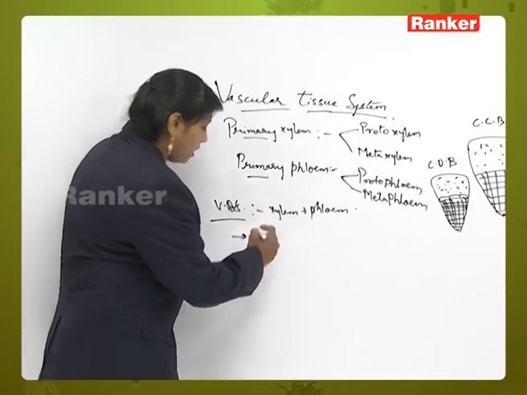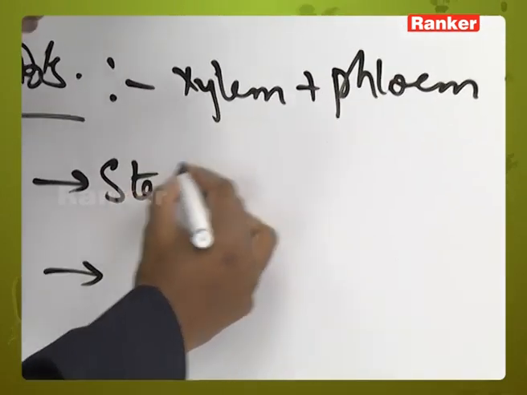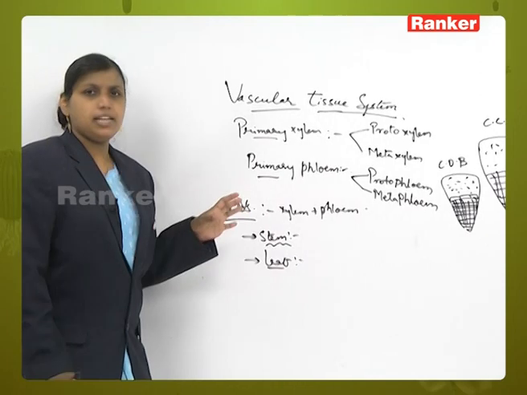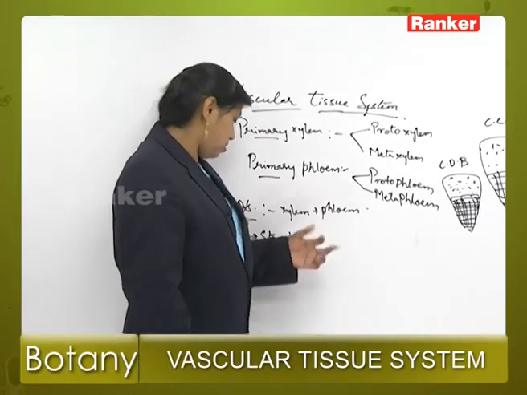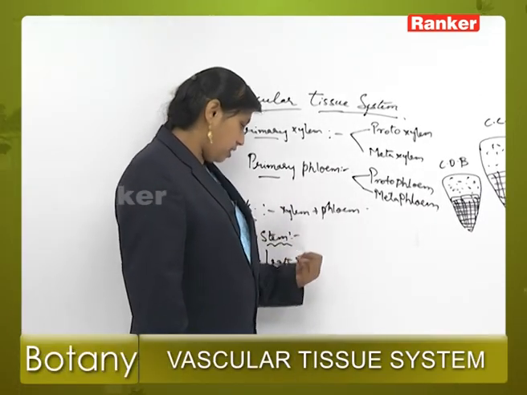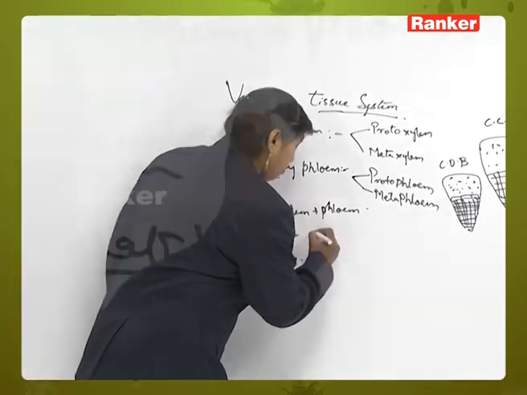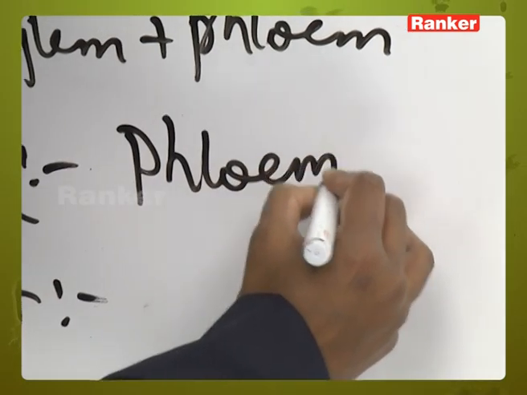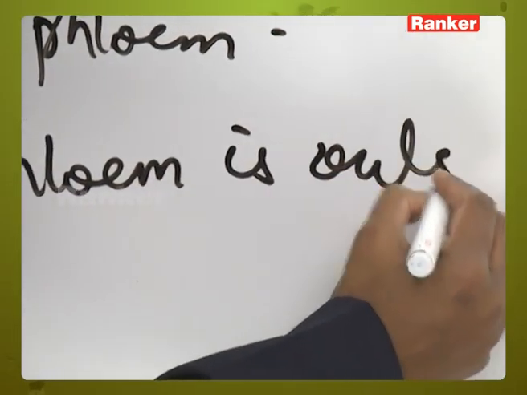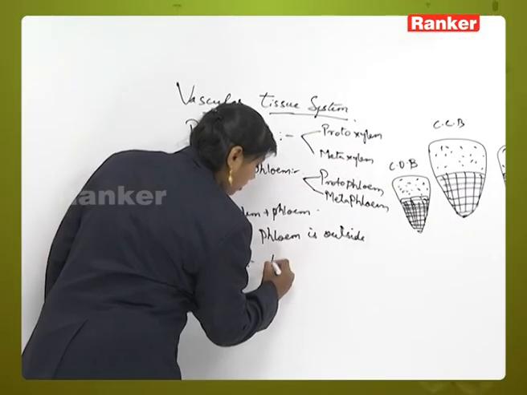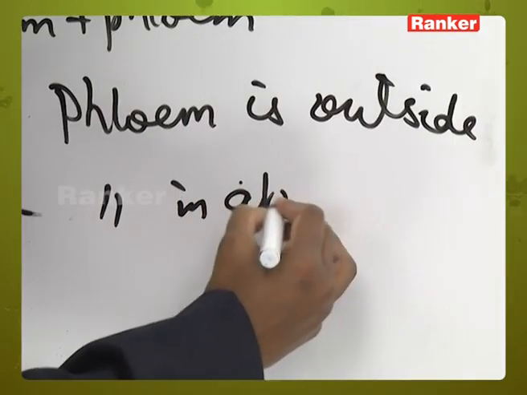When we compare the arrangement of xylem and phloem in the vascular bundles in the stems and leaf, we will see that the phloem is present towards the outside. In stem, the phloem is outside, whereas in leaves you will see the phloem on the abaxial side.